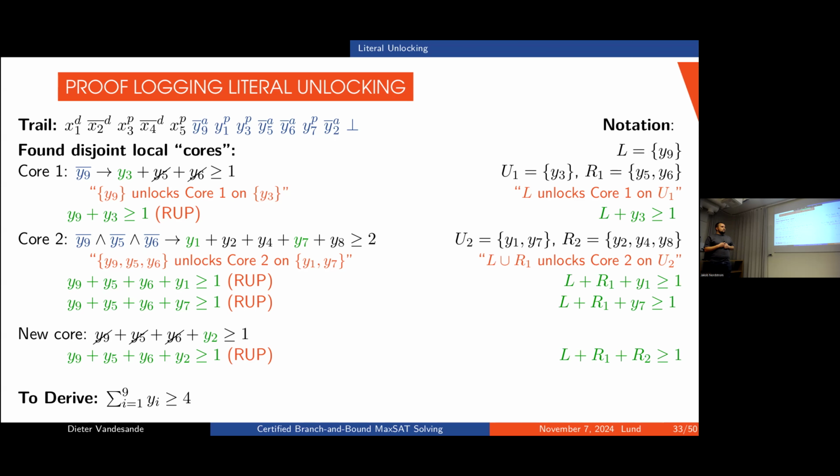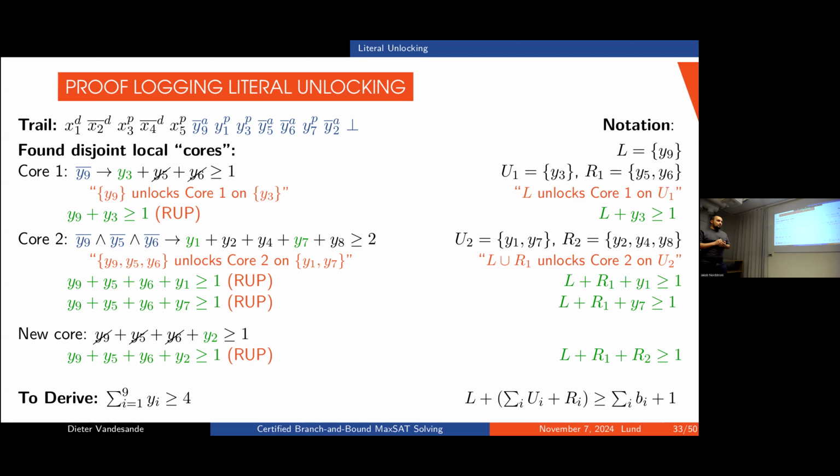So the constraints that we actually get are of this form. L plus the rest of the cores that were unlocked before together propagate the literals in U of the core that I'm looking at, that I'm unlocking at this moment.